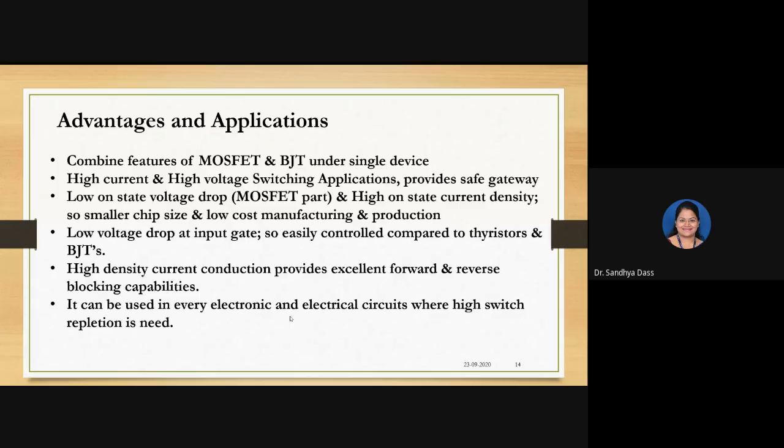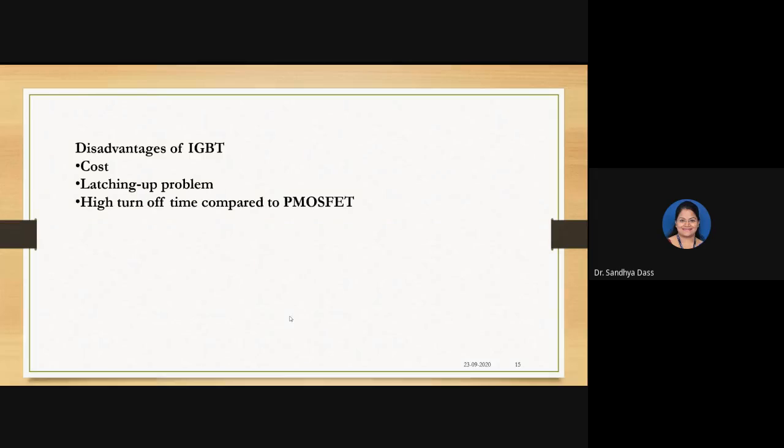And coming to the disadvantages of IGBT, its cost is one of its limitations. And as I mentioned, the latching up problem in IGBT is its limitation. Compared to MOSFET, it has a high turn-off time.